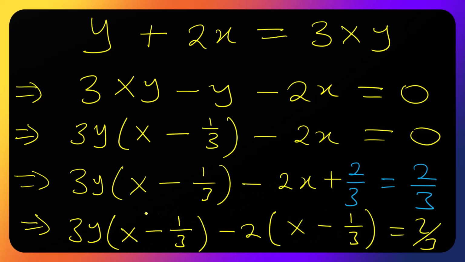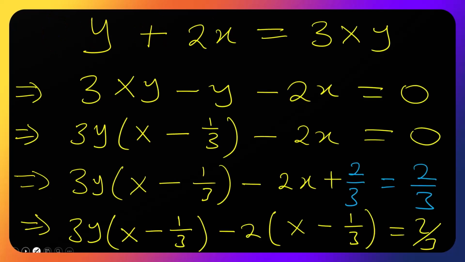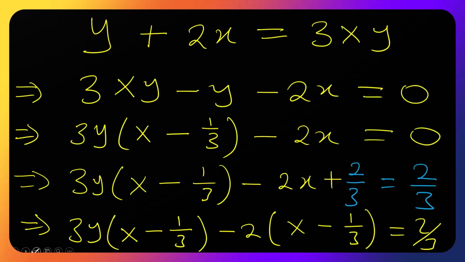This one is the same as that. So from here, we can group them. So 3y minus 2, and we have what is inside the bracket. So that will be 3y minus 2, then we have x minus 1 on 3 equals to 2 on 3.